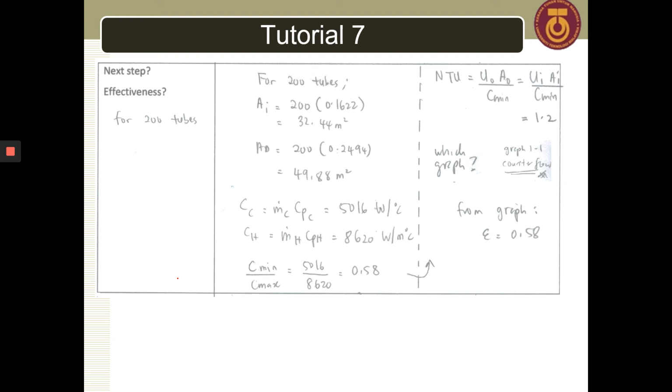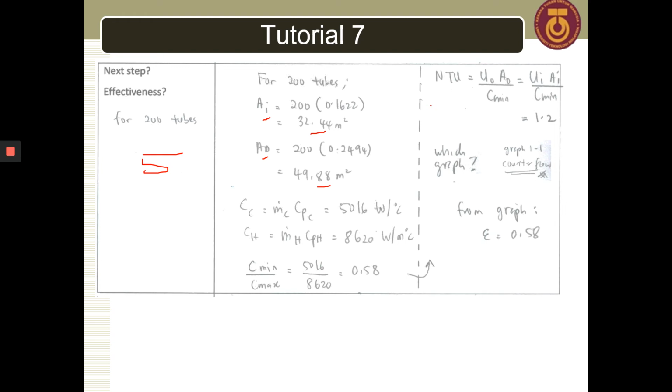Okay, so for 200 tubes, therefore starting from this one, which is step number 5, I will calculate it using 200 tubes. So now you see that for 200 tubes, you multiply the inside area and outside area with 200. And this should be the answer.